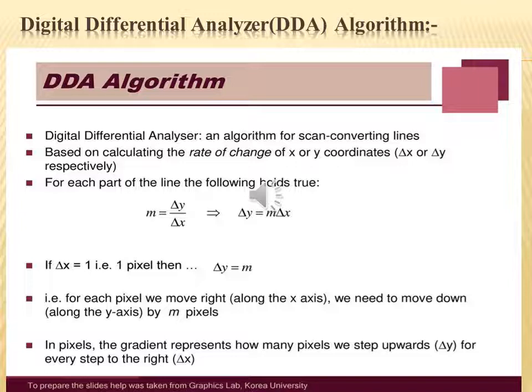We have learned in the previous slide that y is equal to mx plus b, where m is the slope and b is the y intercept, and we can determine the value of m as y2 minus y1 over x2 minus x1. Then for lines with a slope m less than 1, that is, lines with a positive gentle slope, we move in the x direction by uniform steps, calculating the corresponding y values by using dy upon dx equal to m.